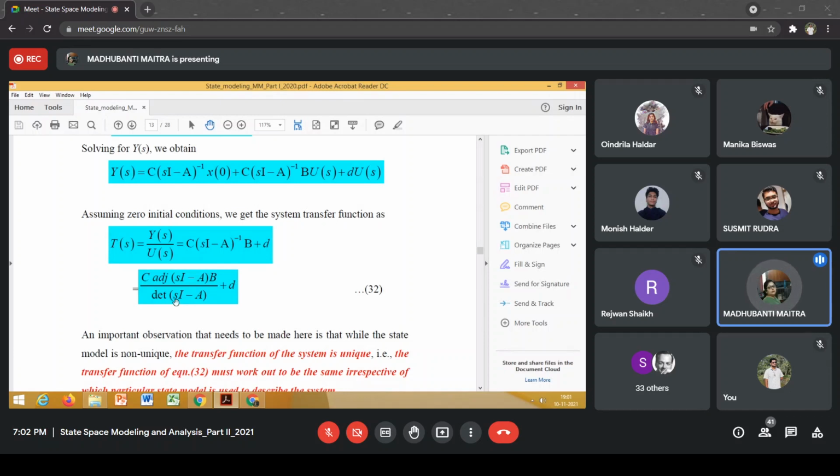On the other hand, we can say that Q(s), which is basically a function of s, is equal to determinant (sI minus A), and that is an nth order polynomial. Do you agree?